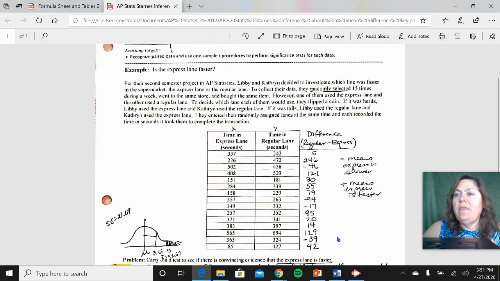So now, what I'd like for you to do is go ahead and do your state, plan, do, conclude on these numbers right here. If you wish to use the calculator command instead of calculating the statistic yourself, you may. Remember, as always, whatever command you use, you must list it and what numbers you're putting in.